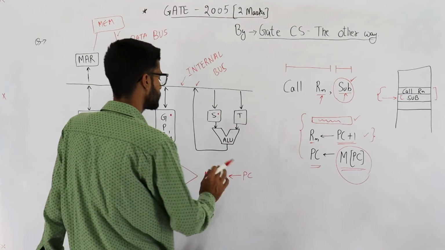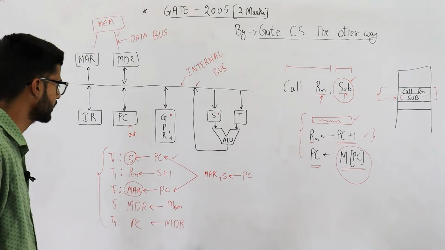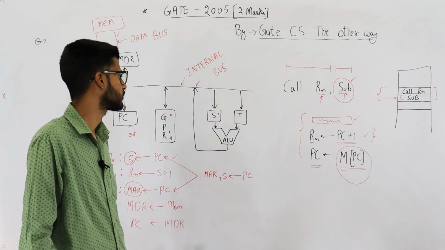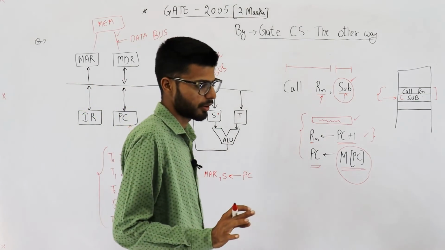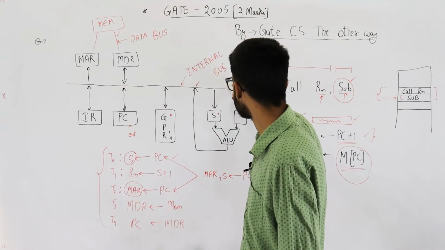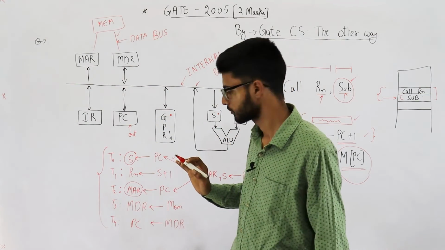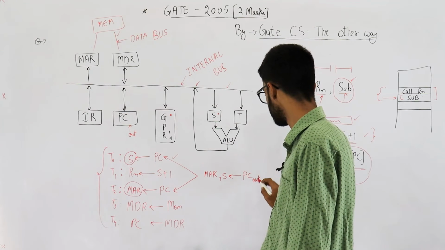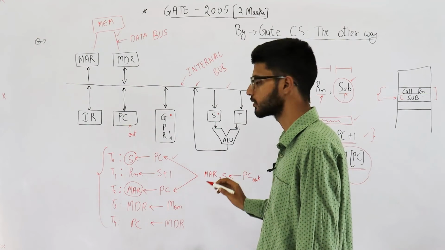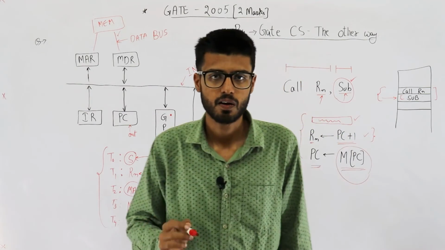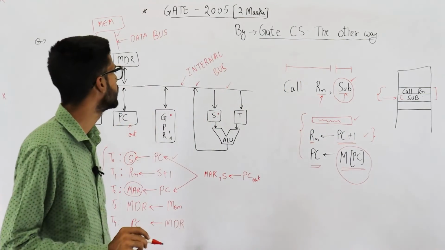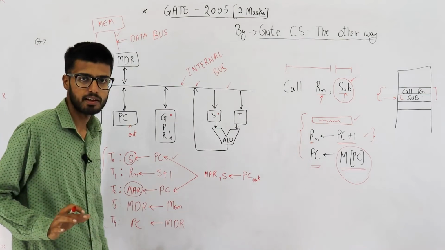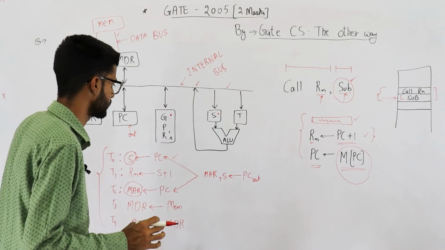That means PC's value is loaded into both MAR and S. Is this possible? Yes, because the internal bus contains the value from PC, since PC is given an output signal, PC out, and both of these can be given a read signal or in signal at the same time. So both of them will load whatever value is on the bus.